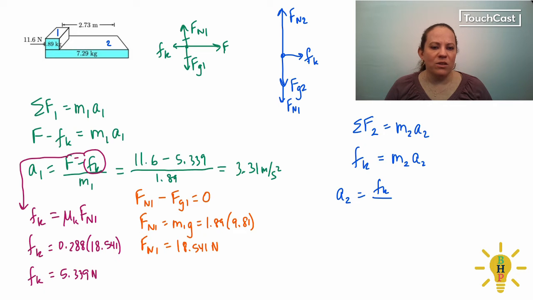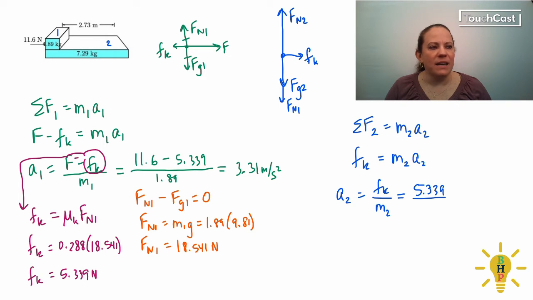and remember, Newton's third law tells us that the friction force that one object whose surfaces are interacting experiences is equal in size to the force that the other object is experiencing. So I already have that 5.339 newtons that I solved for earlier.